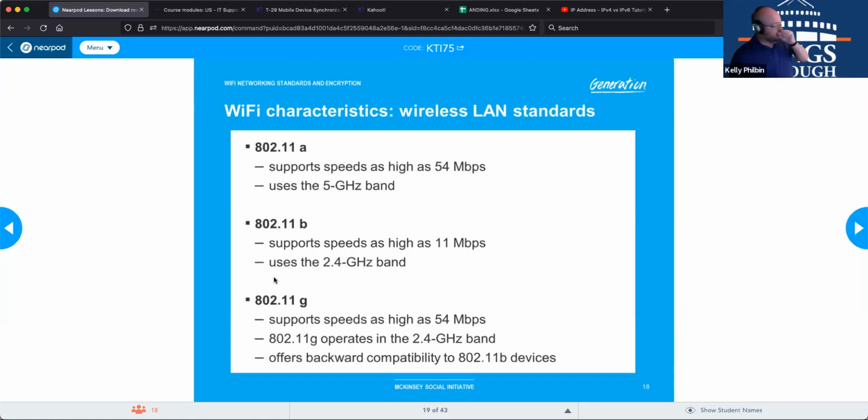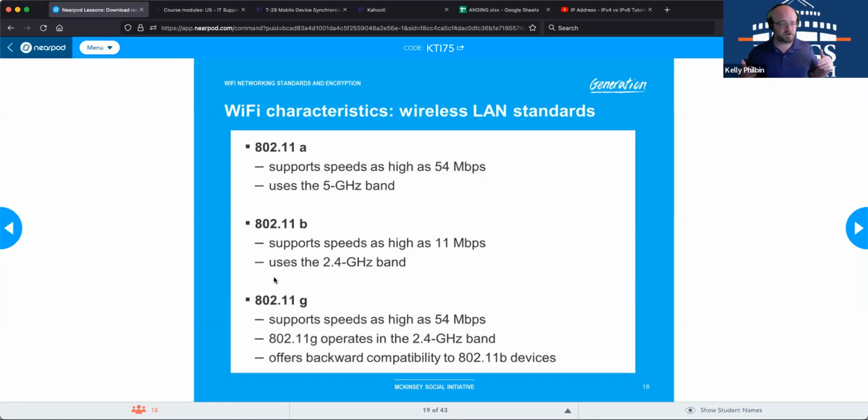Now, slight problem. If you had an 802.11g network and you introduced an 802.11b device, it would slow the entire network down so that it could communicate with that device. So the entire network would slow down to 802.11b standards.